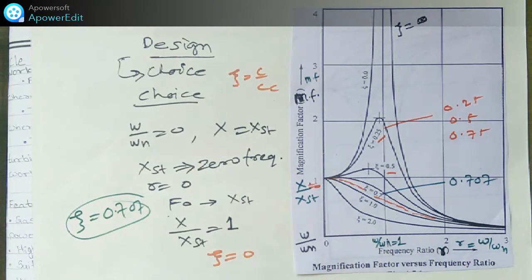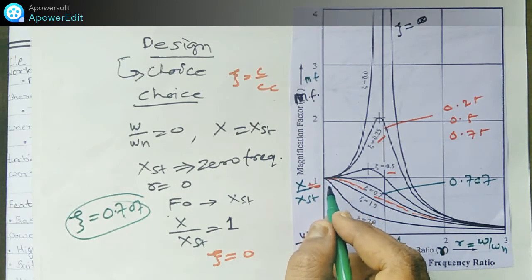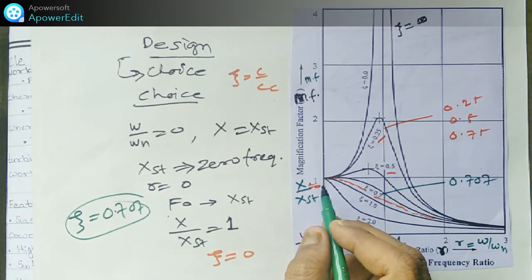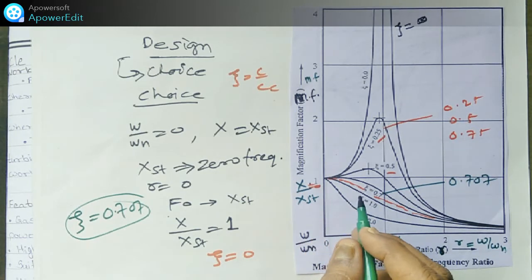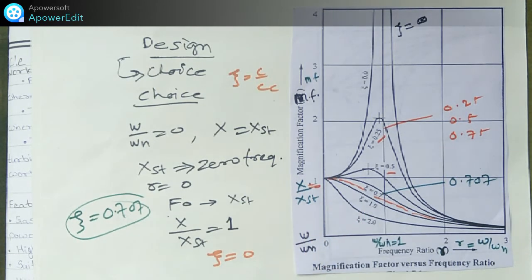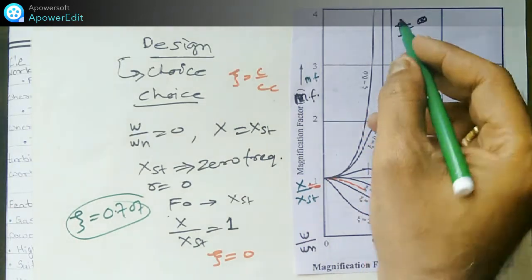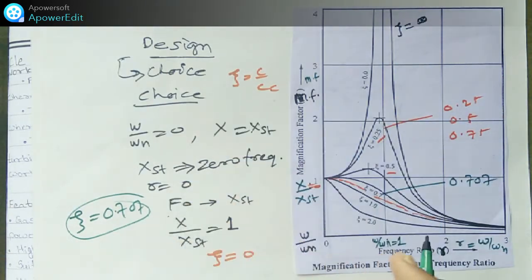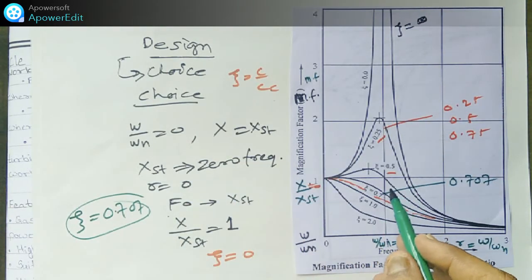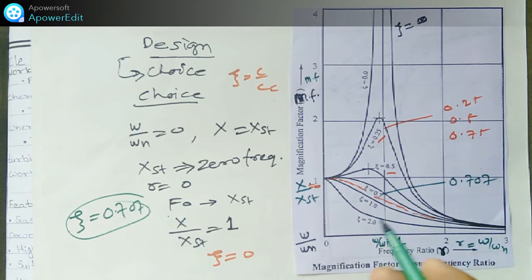At very high frequency of the excitation, the magnification factor tends to 0. And when zeta is less than 0.707, the magnification factor is more, and the peak amplitude will occur.